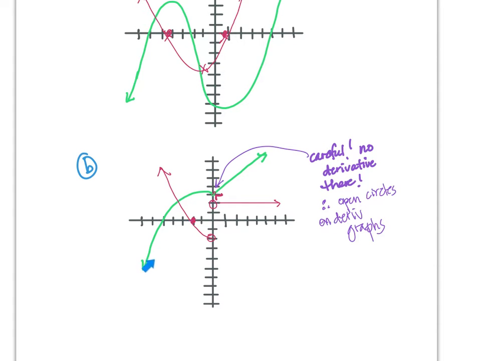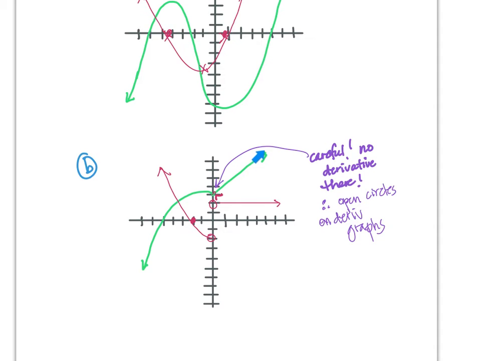What then happens is that's positive. So that means that it's a positive up above here. This is kind of starting to go down, which is why I have that little portion headed down as far as the negative value. We're going to have that open circle because that does not have a derivative there.